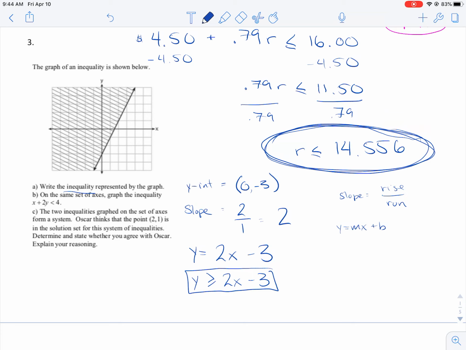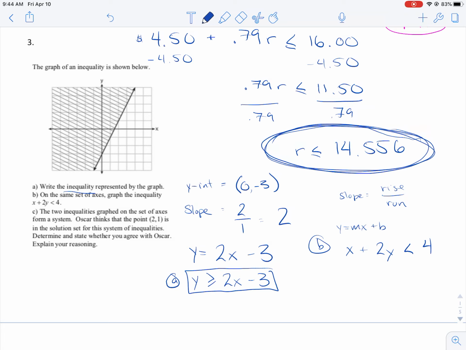There is our inequality, derived from our equation. We had to start with an equation. That is letter A.